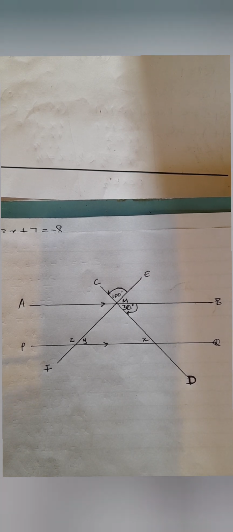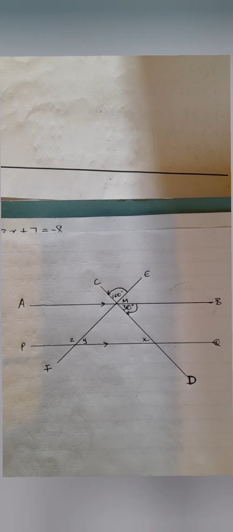Lines CD and EF are transversal lines which intersect at M, and a point on line AB such that a triangle is formed with vertices that lie on lines AB and PQ.